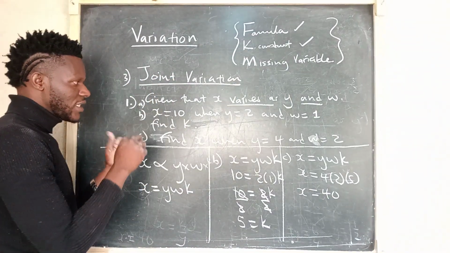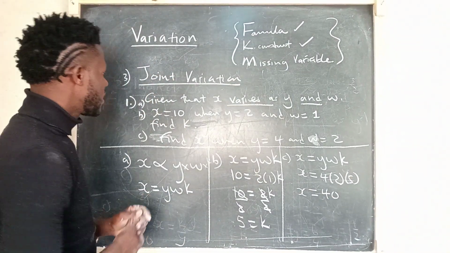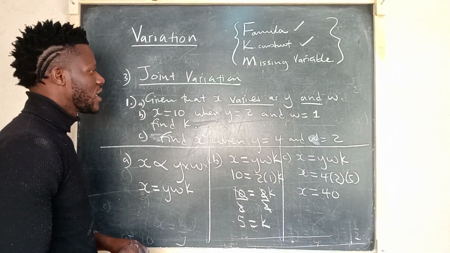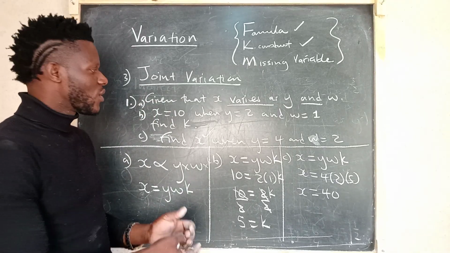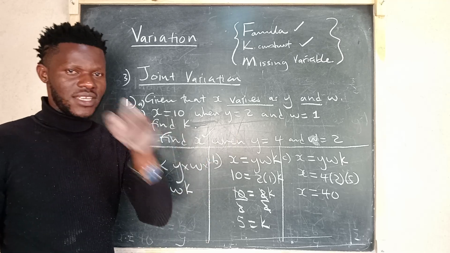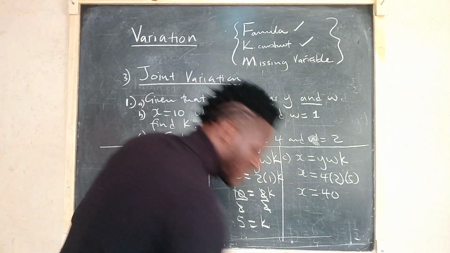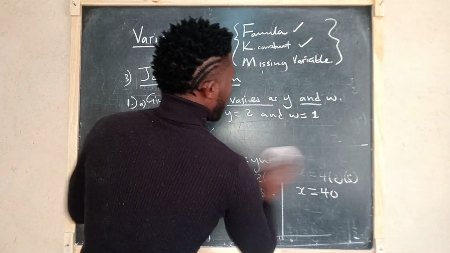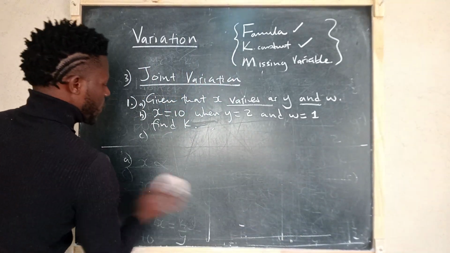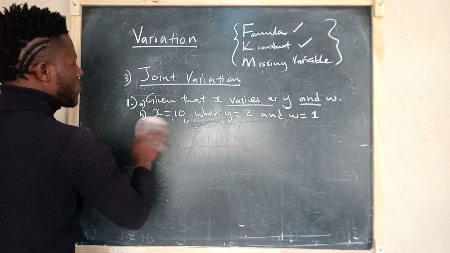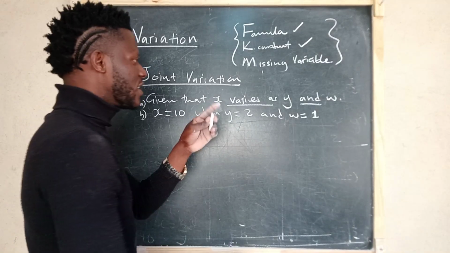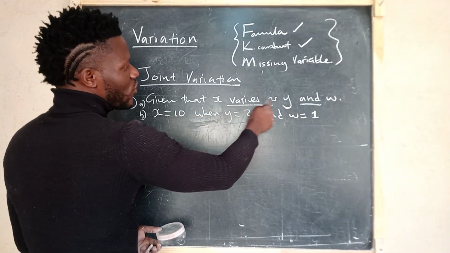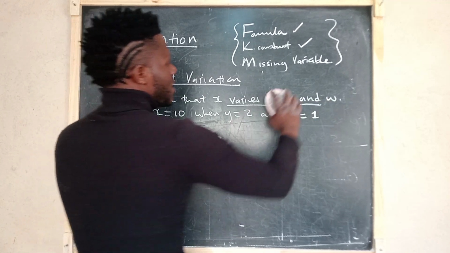Right, I want to illustrate one more different setup of joint variation, whereby we are combining both direct variation and inverse variation, like in this question. I'm still going to use these variables. Given that x varies, instead of just varies, they will say inversely.